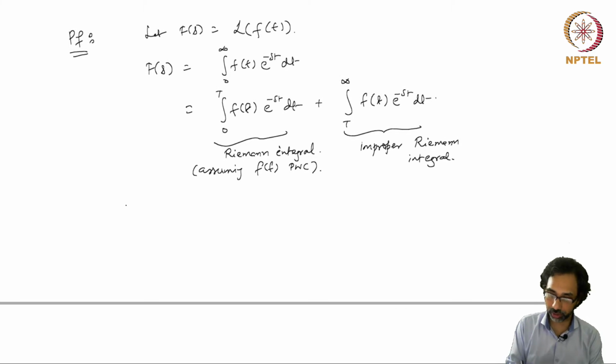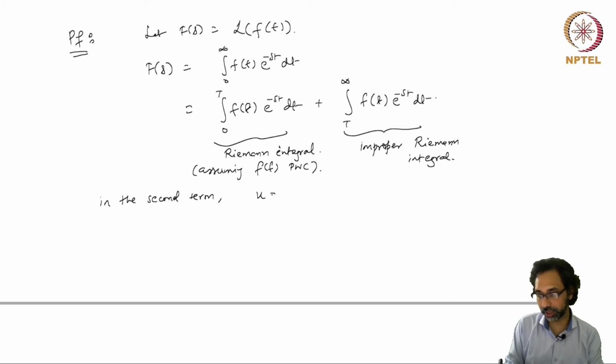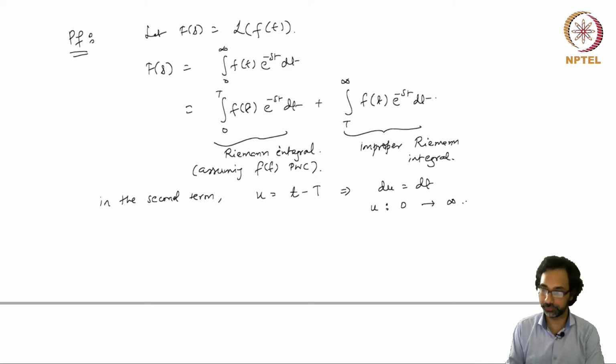Now I can make the change of variables for the second one. In the second term, we make the change of variables u equals t minus capital T. So of course du is again dt, and u goes from 0 to infinity now.